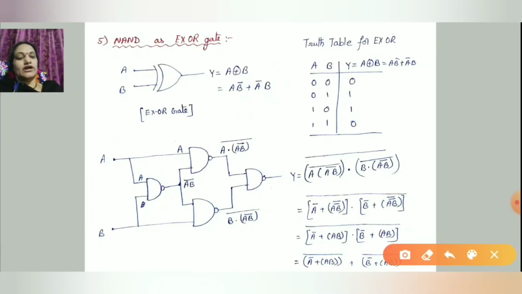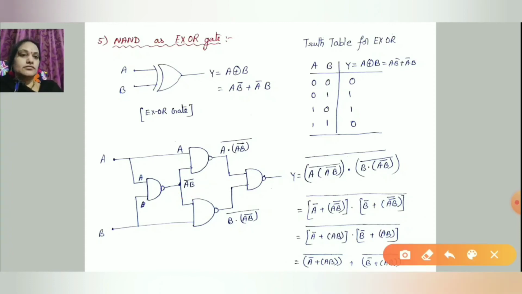So the output becomes whole complement of AB. Why? Because according to definition of NAND gate, the output is the whole complement of product of two inputs. So A and B are two inputs. That is why output becomes whole complement of product of AB.